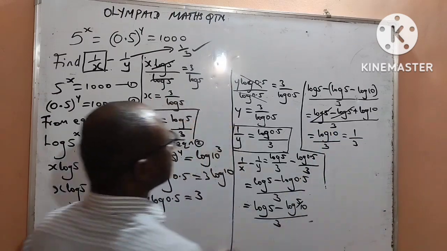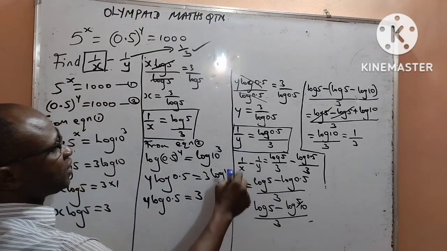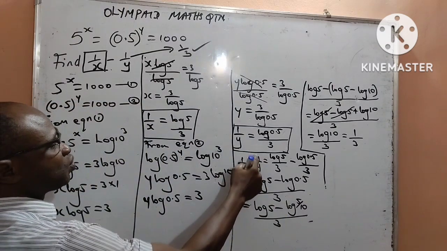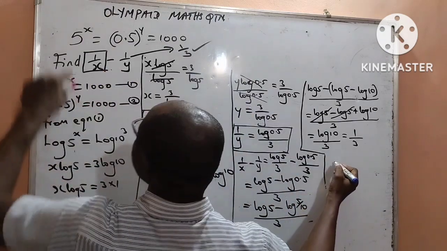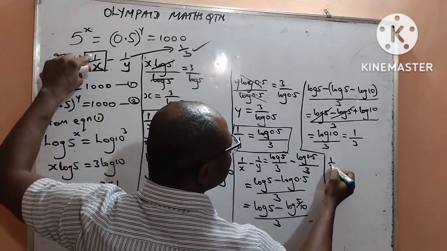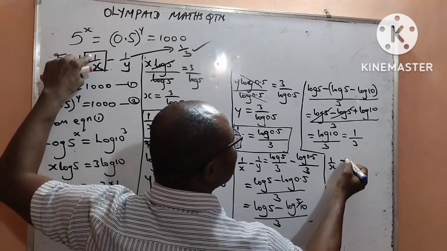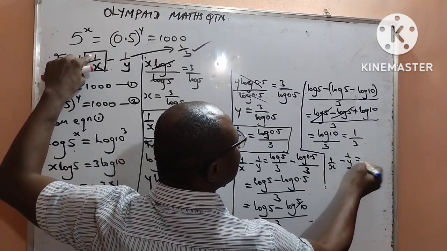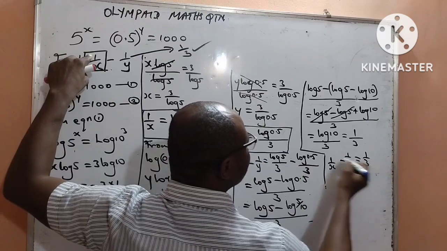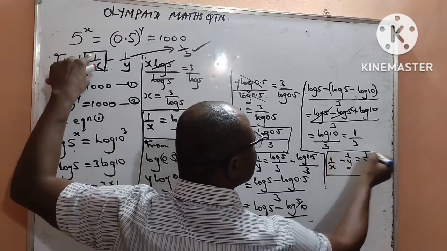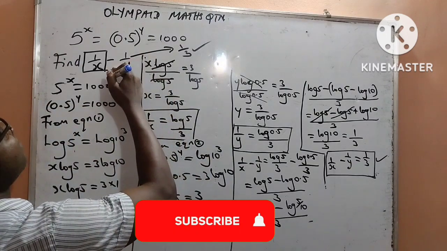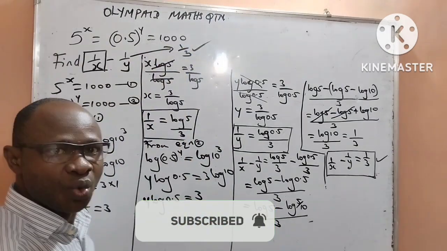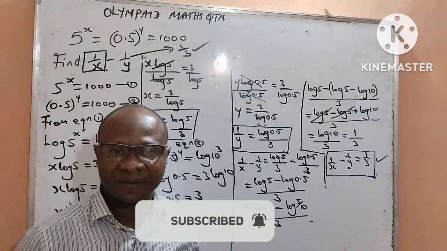In conclusion, all this is evaluation of 1 over x minus 1 over y, which now means that from the question I am asked to find that 1 all over x minus 1 all over y is equal to 1 all over 3. This is our final answer. So the answer to our question is 1 all over 3.